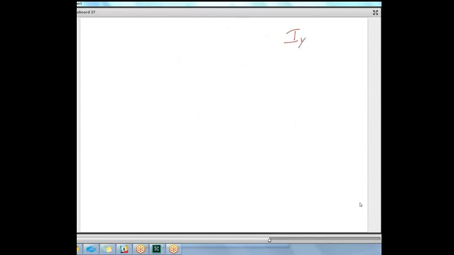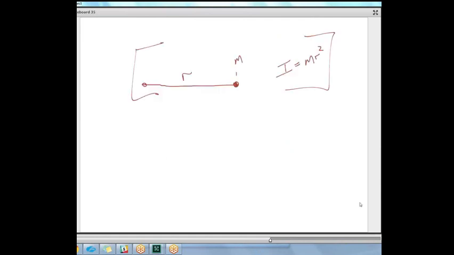I'll write it right here. I, y centroid for a sphere. Oh, can I get my old whiteboard back? Okay, I didn't leave much on it, but I can get this one back. I, y centroid of a sphere is 2m radius of the sphere squared over 5. That's just, I'm copying that equation down.